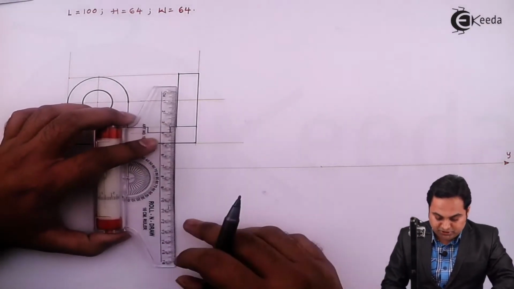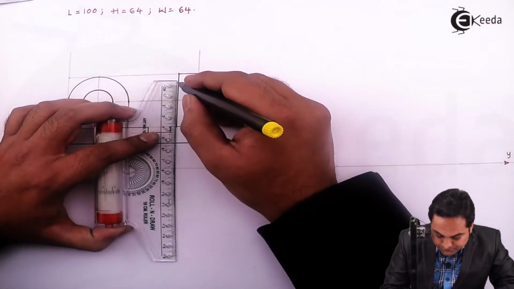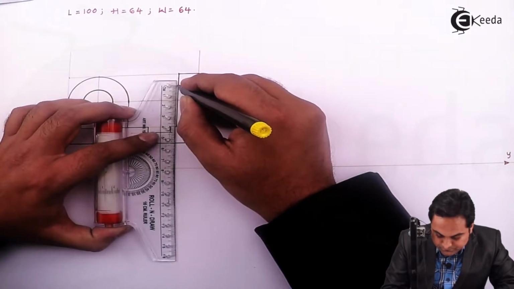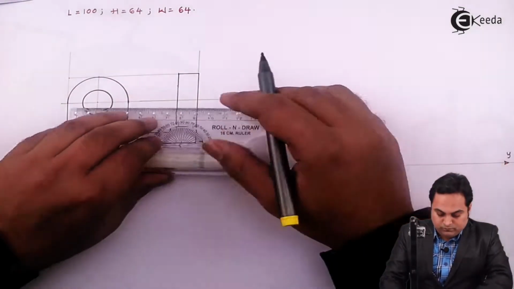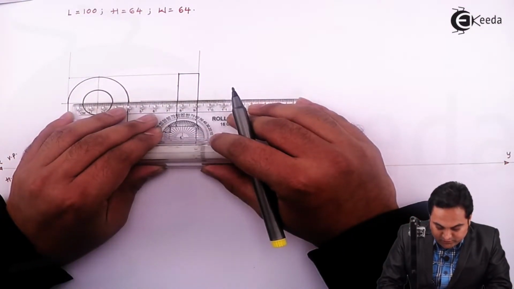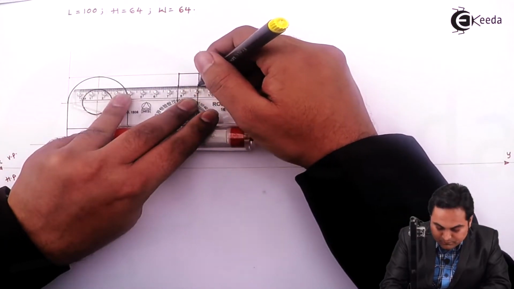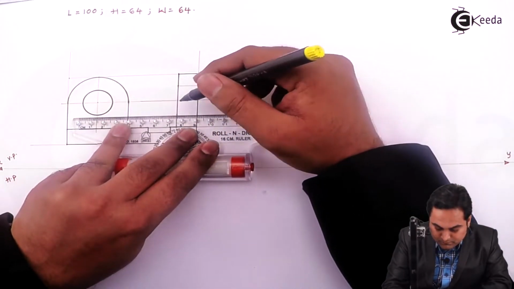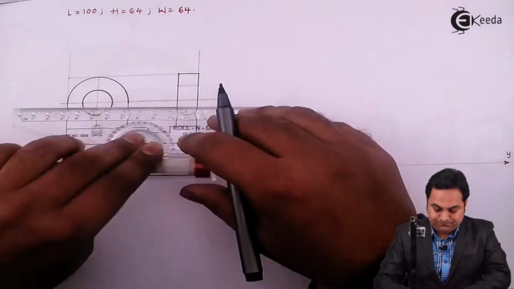So I am going to measure 13.5 on one side, 13.5 on the other side. First, drawing a light horizontal line. Next, this will be hidden.